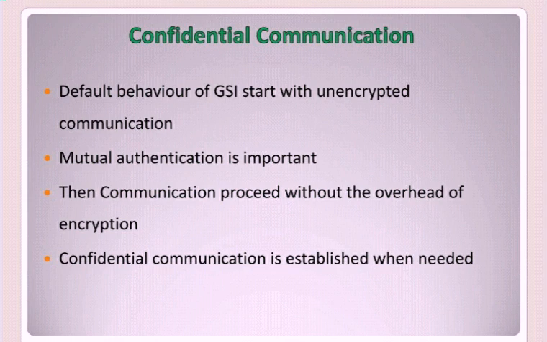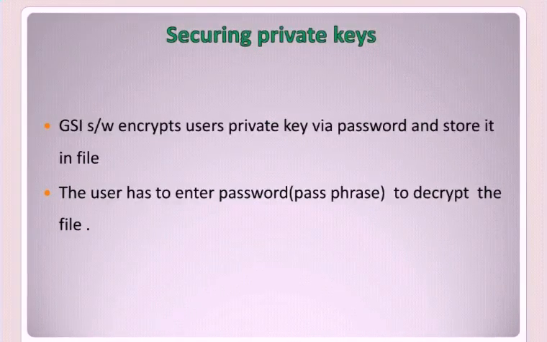After starting the communication, wherever confidential communication is required, GSI will switch over from unencrypted communication to confidential communication. The private keys are secured in GSI in a neat manner. That is, the GSI software encrypts the user's private key via a password and stores it in a confidential location in the computer's file system. Then the user has to enter the password to decrypt the file.